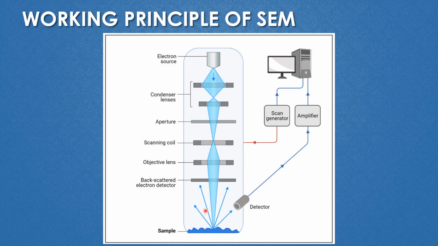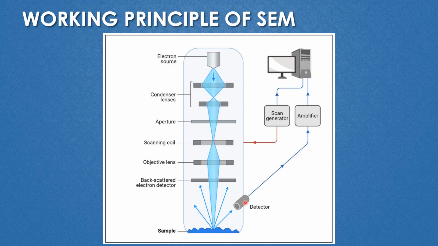These four blue arrows show the secondary electron beams produced by the striking of the primary electron beam on the sample. The interaction between the sample and the primary electron beam results in the formation of the secondary electron beam, which is transmitted to the detector. The detector is present here.